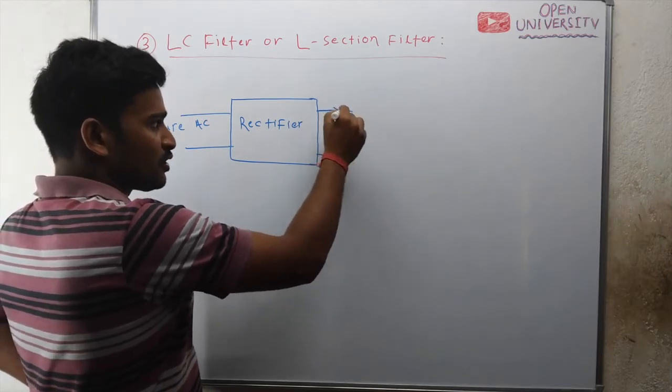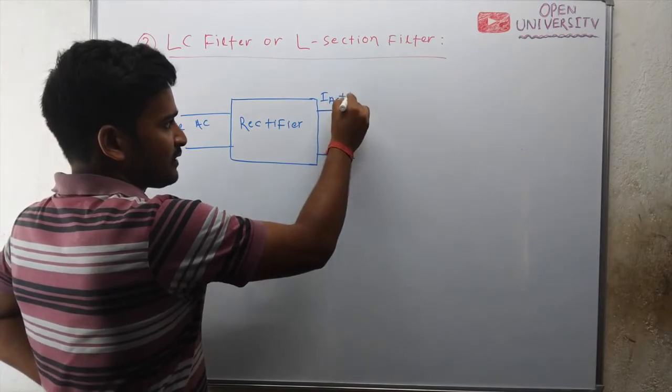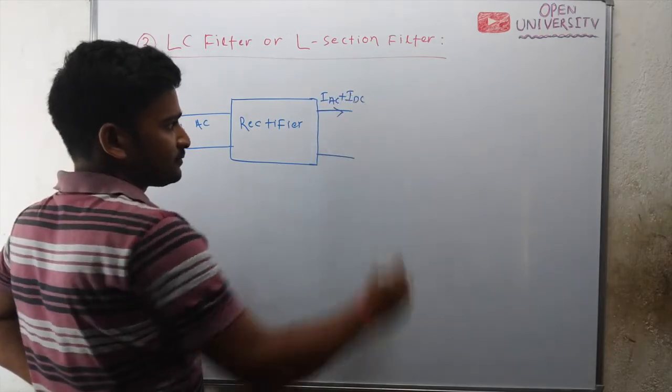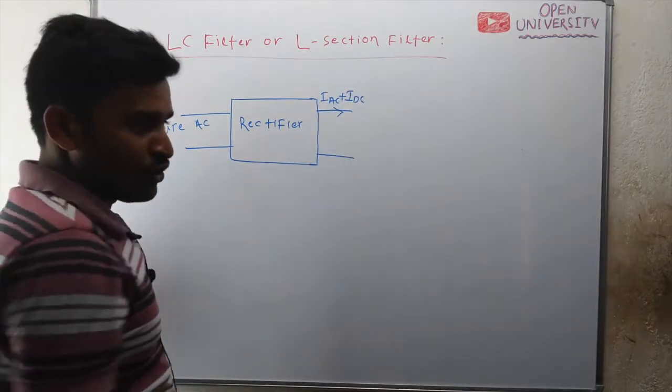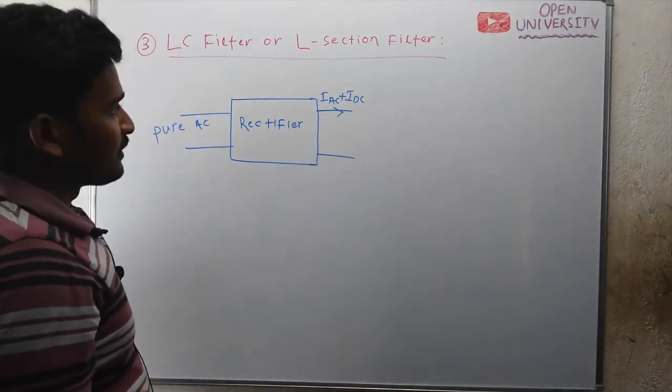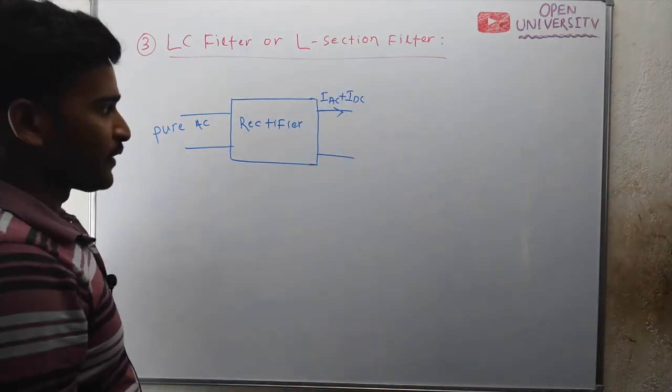That is nothing but pulsating DC, so IAC plus IDC. Now this AC component is unwanted, and to remove this unwanted AC component we will use a filter.